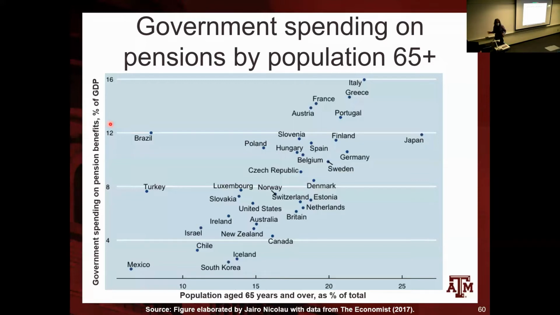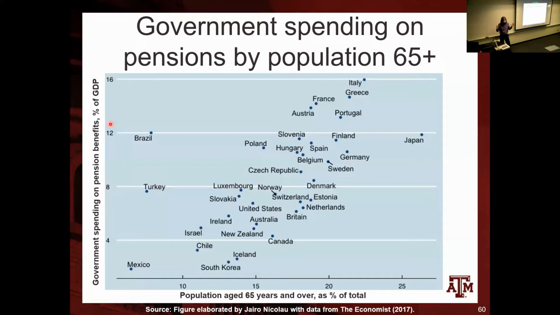So what I'm pretty much saying is, as we have a higher percentage of people with at least 65 years of age, if everything is working out, we would expect that a higher percentage of everything that's produced in the country will be used to pay retirement benefits to those people, right?